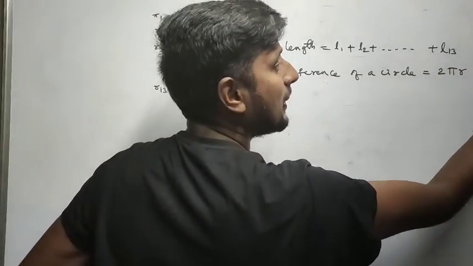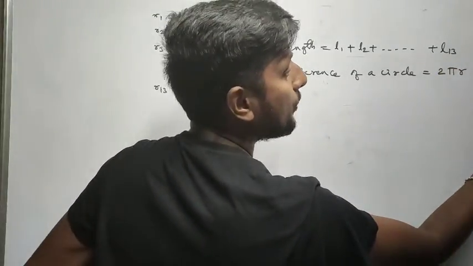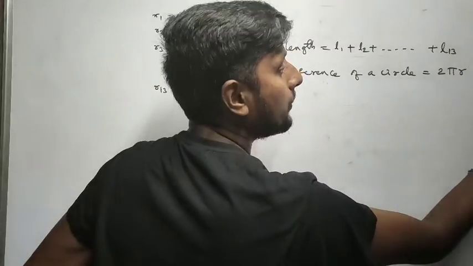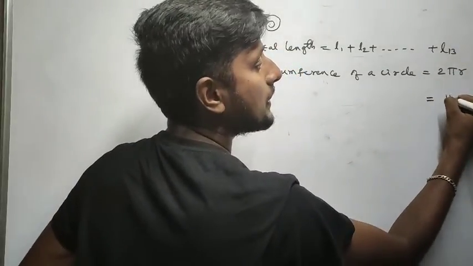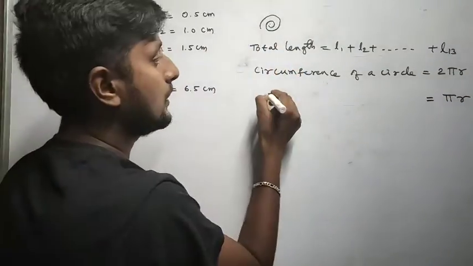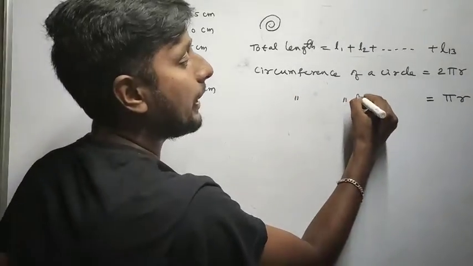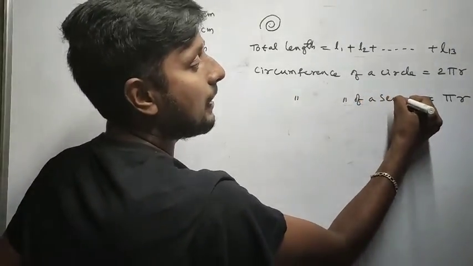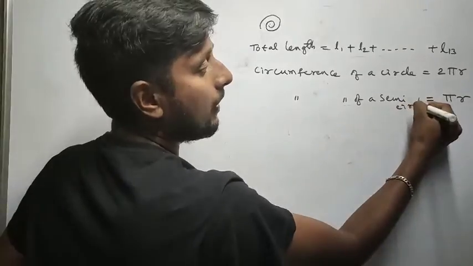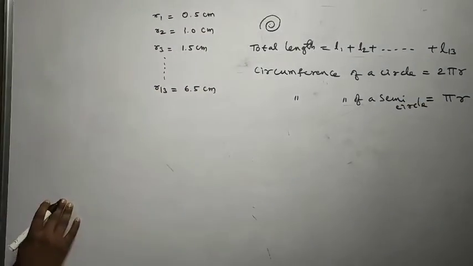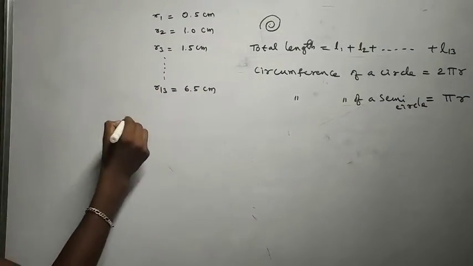It's a complete circle. But here I am talking about a semicircle. That means half. So half is nothing but pi r. So the circumference of a semicircle, half of the circle, I can write as pi r. Now the total length.